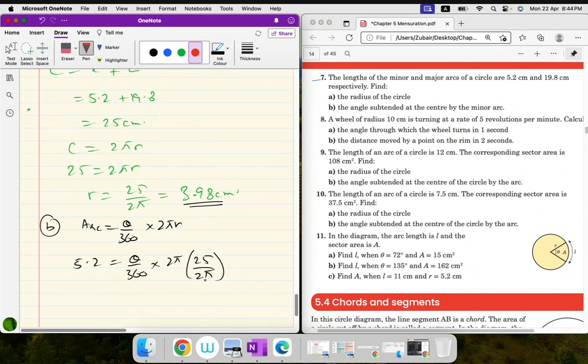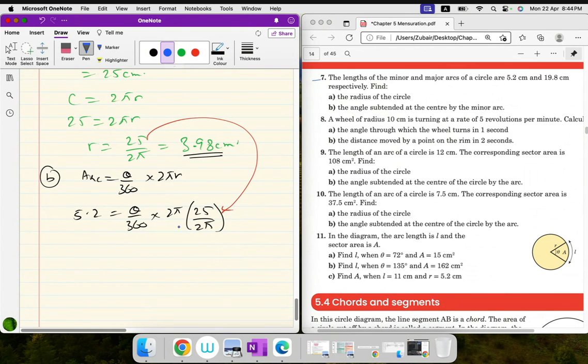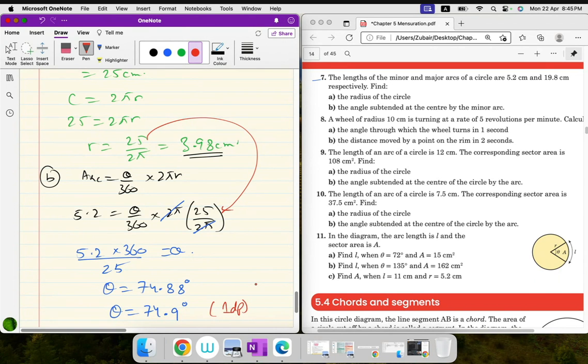I can eliminate it and get an exact answer. Making theta the subject, 5.2 times 360 divided by 25, I'm getting theta is equal to 74.88 degrees. If the demand of the question is one decimal place, which is always the case, this is our angle.